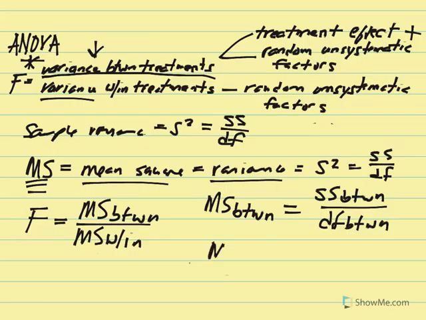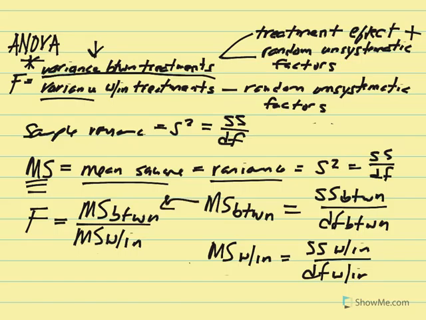And then MS within is equal to SS within over its corresponding degrees of freedom. So again, this is our numerator, this is our denominator, and so what we need to do is compute SS values and identify degrees of freedom values for the variance between treatments, and then also for the variance within treatments.